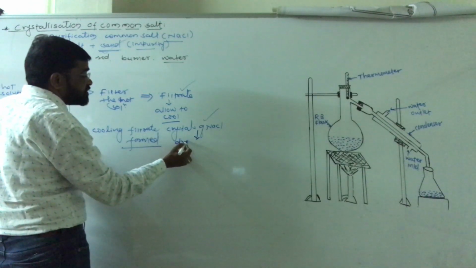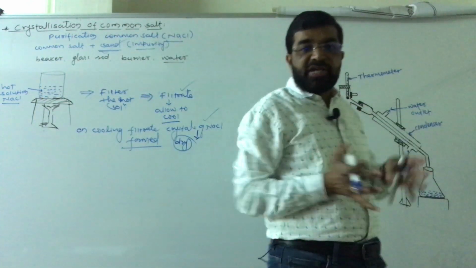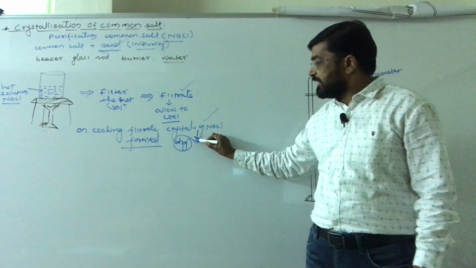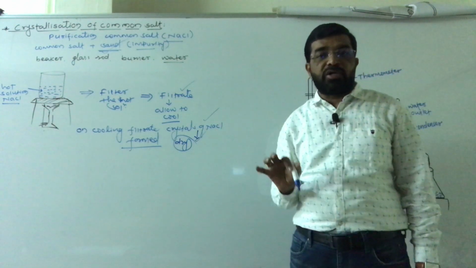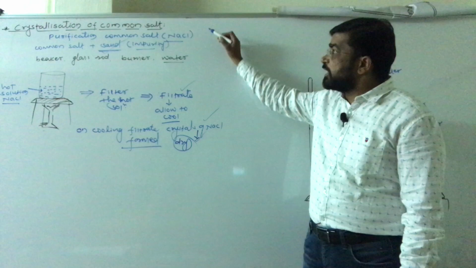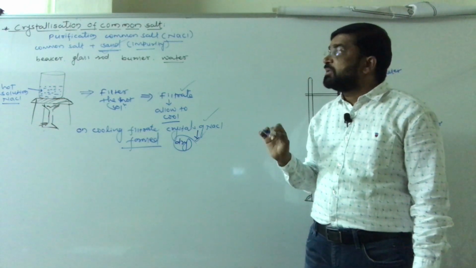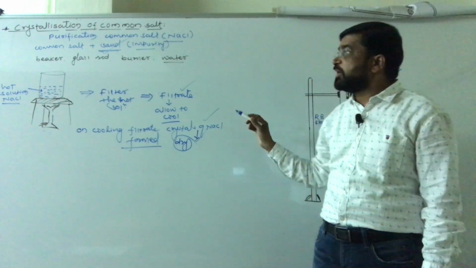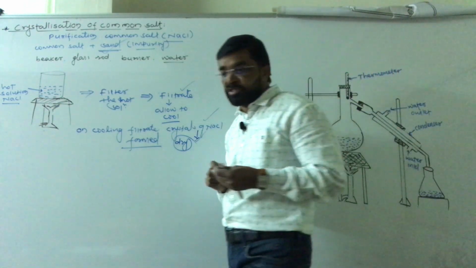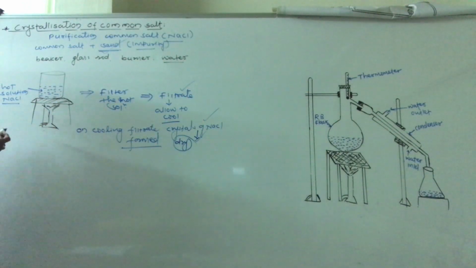These crystals are dried, pressed in filter paper and dried, and the melting point is checked to see whether they are pure or not. In this way, the purification of common salt can take place by using the simple crystallization process.